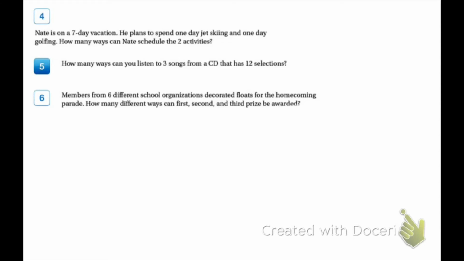Number 4. Nate is on a 7-day vacation. He plans to spend 1 day jet skiing and 1 day golfing. How many ways can Nate schedule the 2 activities? So for number 4, we have to ask ourselves, do we have a permutation or combination?